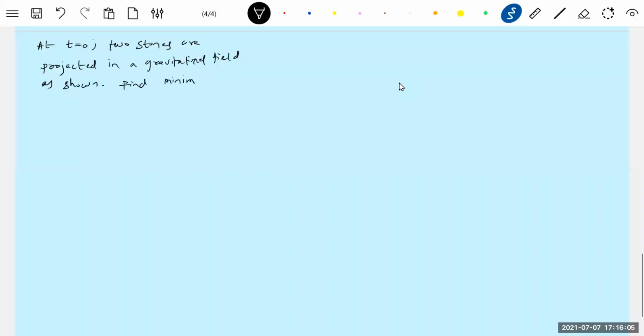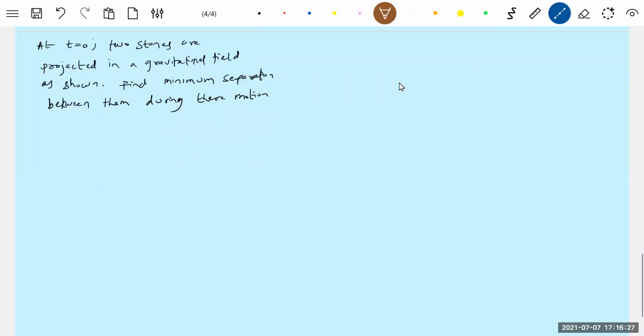Find the minimum separation between them during their motion. Don't get scared, the problem will become very easy. Are they projected from the ground? No information is given. It is telling just like they are projected from certain points.